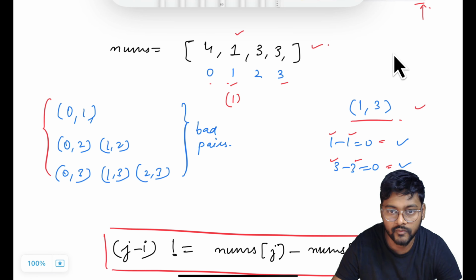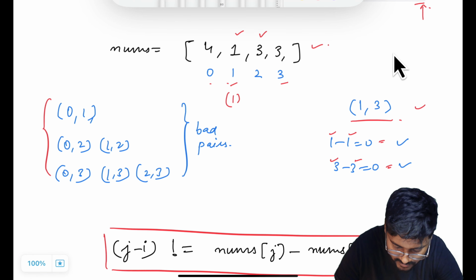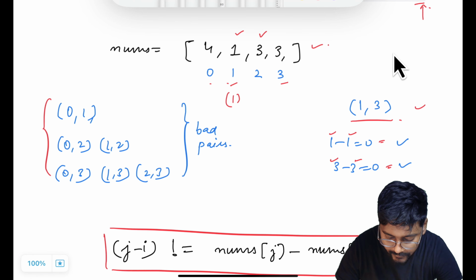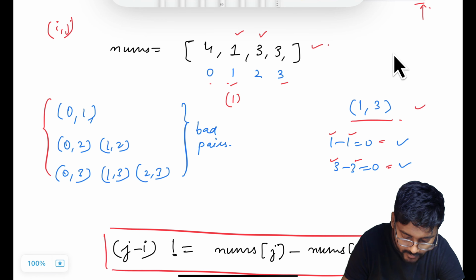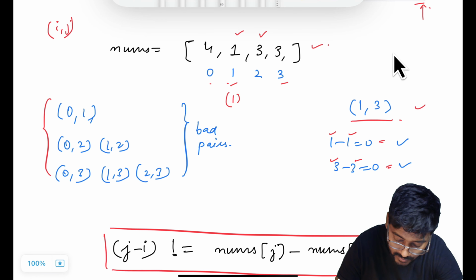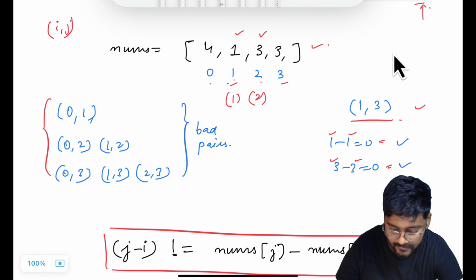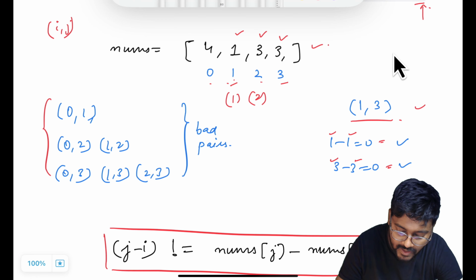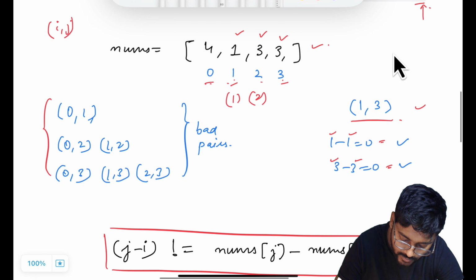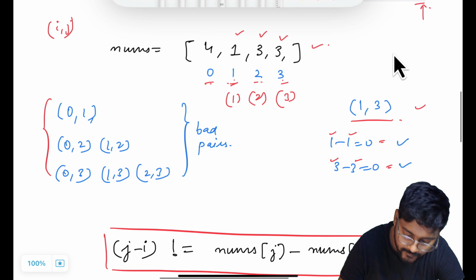If j is at index 2, what are all the possible values of i? Index 2 can form a pair with 0 and with 1, so 2 pairs. If I am at the last index, which is 3, it can form a pair with 0, 1 and 2, which is 3 pairs.